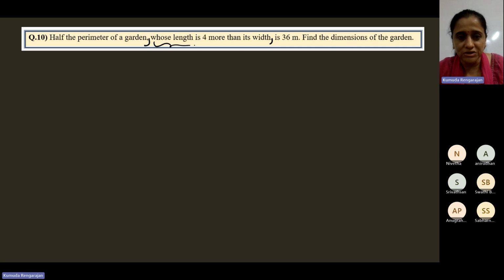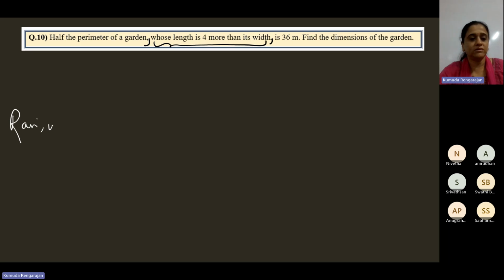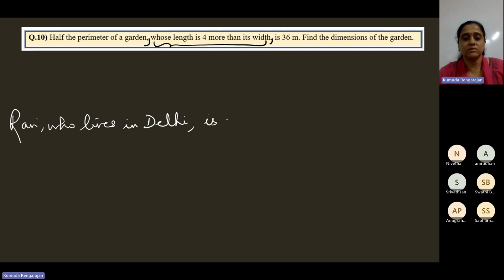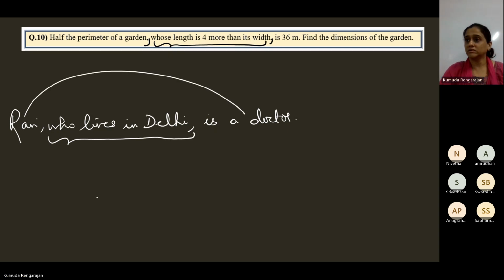So this is extra information. Like Ravi, who lives in Delhi, is a doctor. This is one chunk of information. In the same way here, don't read the part between the two commas. Read it like this: half the perimeter of a garden is 36 meters.